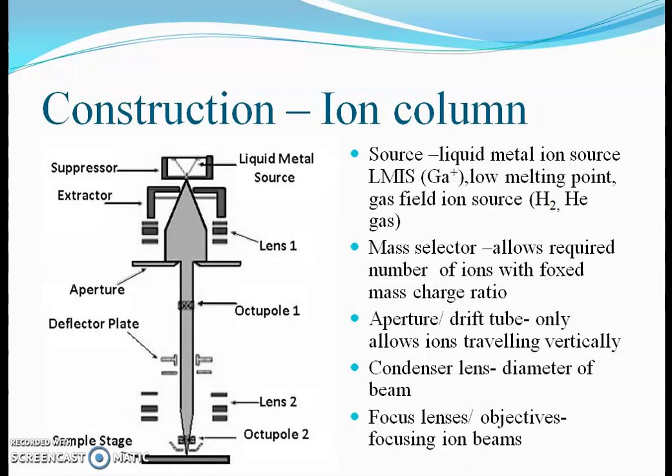Now how this ion column works, we will see in detail. Liquid metal is filled into the suppressor. When the liquid metal, meaning Ga, is heated and comes in contact with the tungsten metal, it will flow through the tungsten metal, and due to this flow, due to the higher energy or high electric current, the extractor will get excited, and due to excitation ions of gallium will be generated, and flow through the aperture.